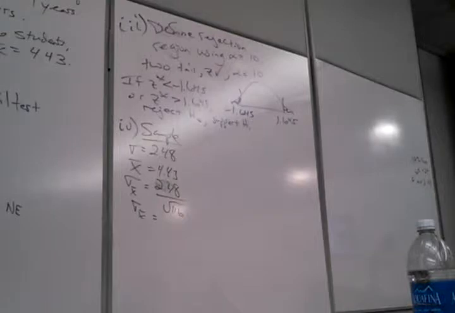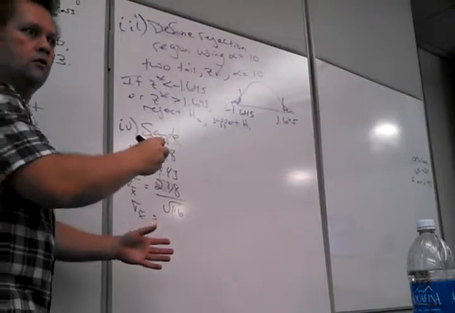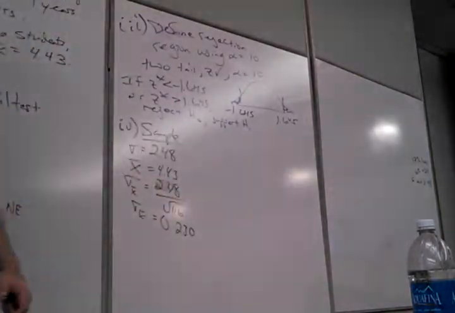Since I took a sample and I'm talking about means, I have to use the standard deviation that works for samples of size 116. So on this step, you're always going to do that. Always. So what is 2.48 divided by square root of 116? 0.230. Okay.